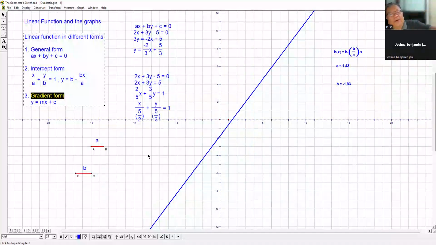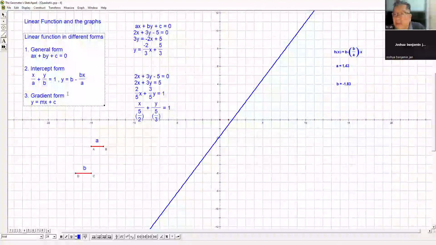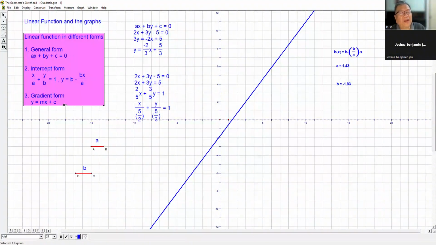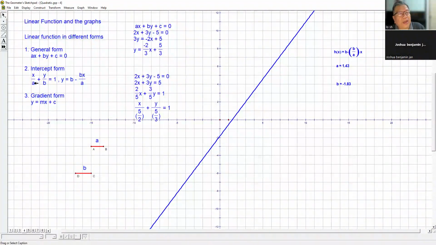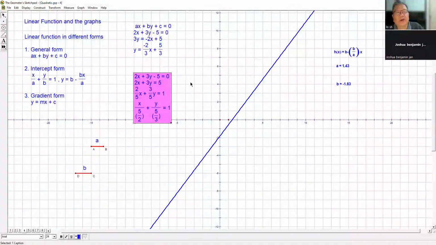In intercept form and gradient form, these numbers here, A and B, have meaning. These numbers here, M and C, have meaning, right? So we look at the first, intercept form, x over A plus y over B equals to 1.